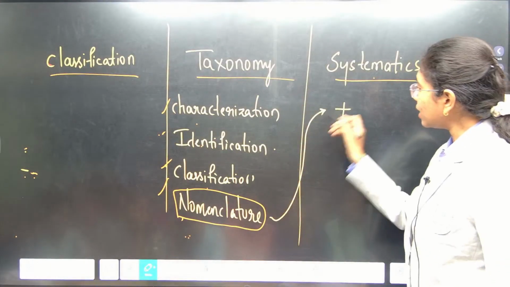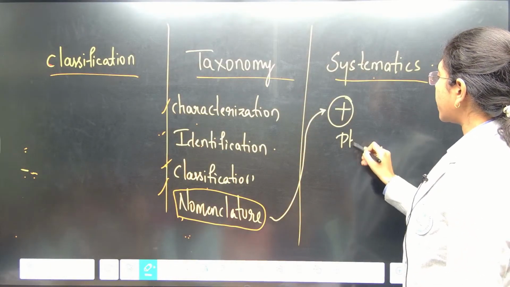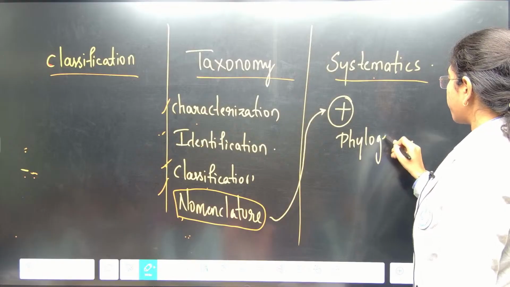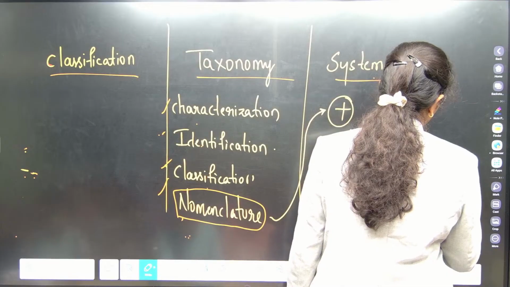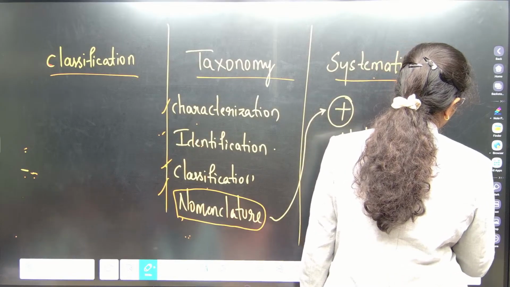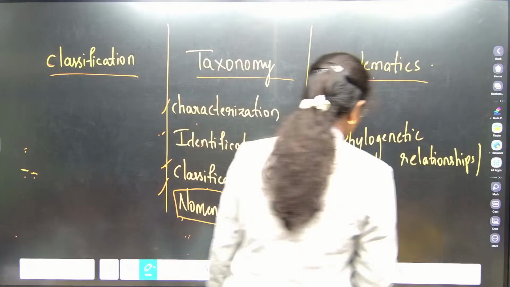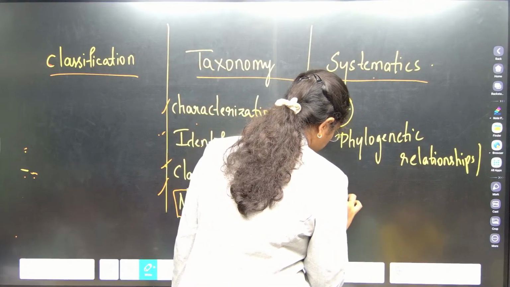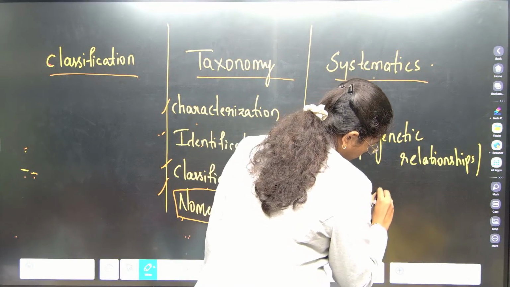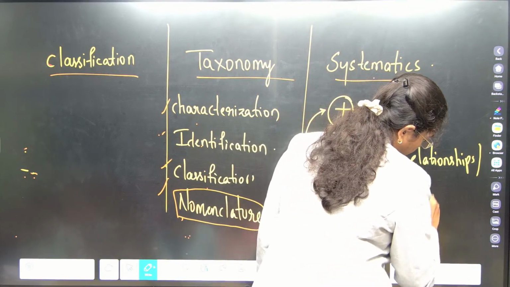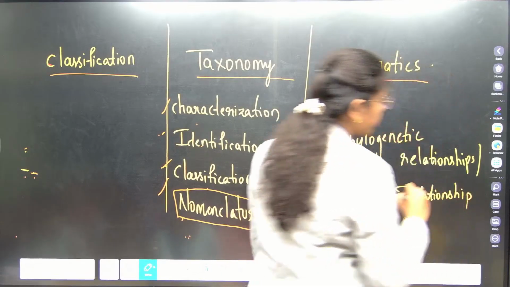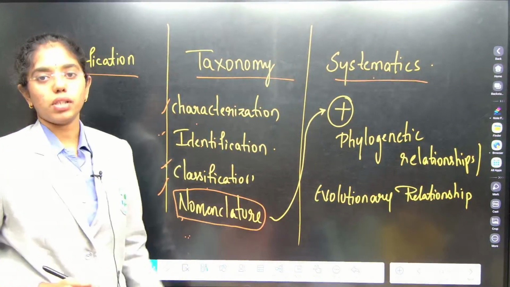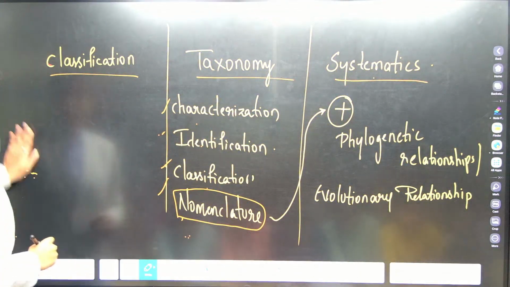So along with all this it uses phylogenetic relationships, also addressed as evolutionary relationships. This is on a simple note. Now if you read any statement or paragraph regarding this, it will be easy for you to understand.